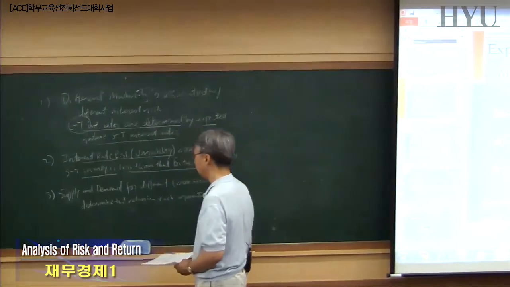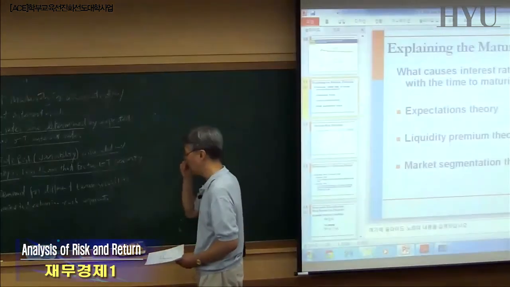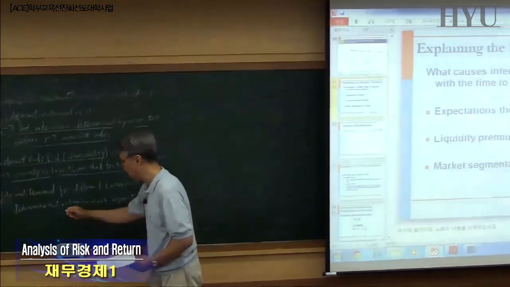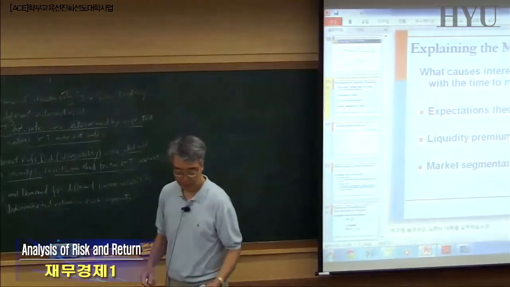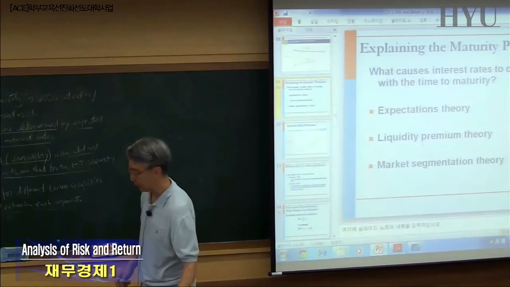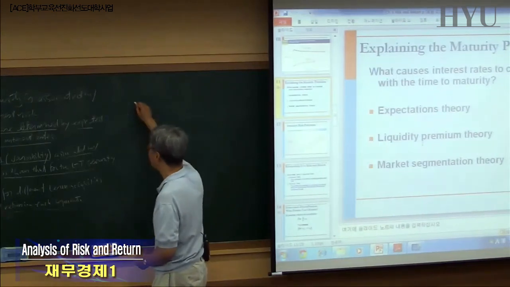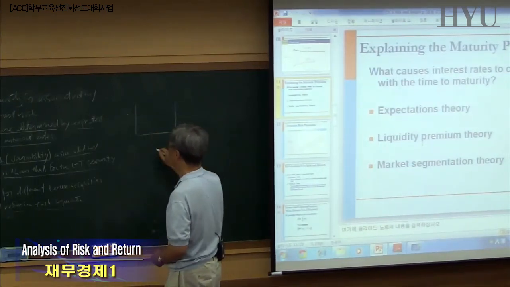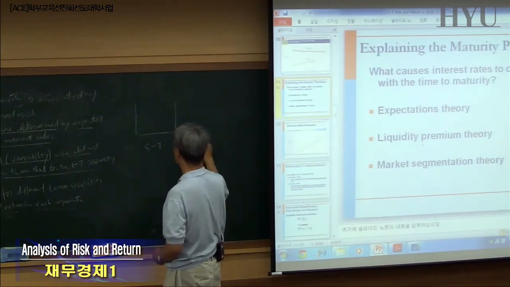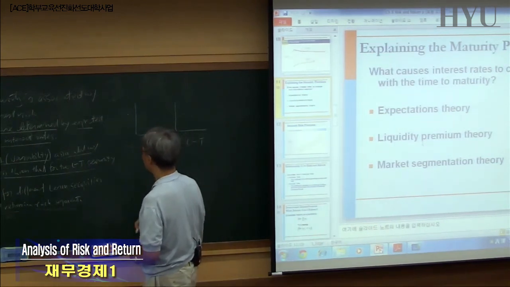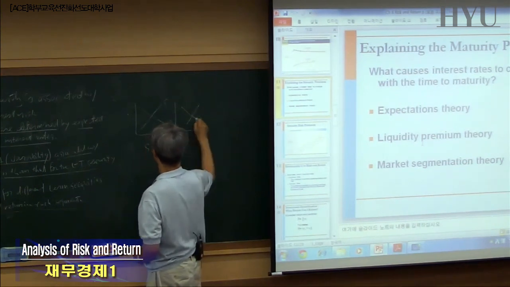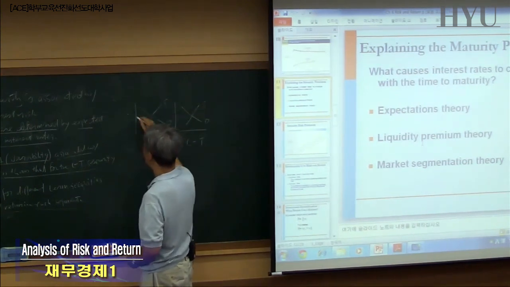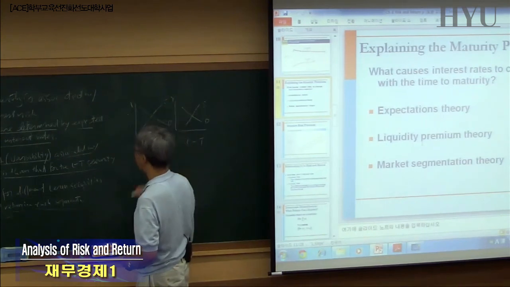Let me read it. Supply and demand for different term securities determine the return in each segment, right? So what that is saying is we have different segments, different markets, basically. Short-term security market versus long-term security market, right? And we have demand and supply. And here's the return.